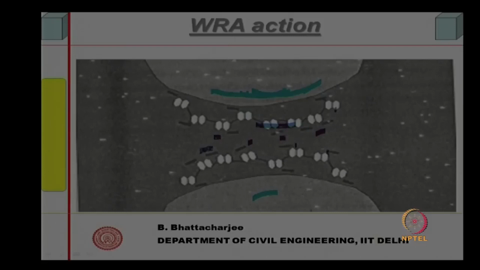SNFs are double rings here, and this is a polymer. So, long chain polymers with negative charge around, and this negative charge pushes the particles apart. That is how it causes effective dispersion.